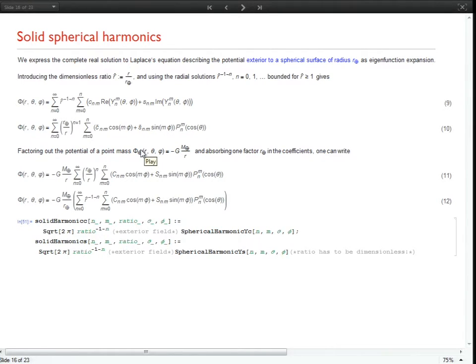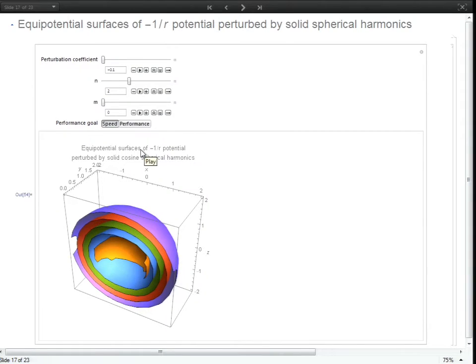And here I show you the equipotential surfaces of these disturbed potentials with these solid spherical harmonics, starting with order n equals 2 and index m equals 1. If I let the index run, you also get the sine part.